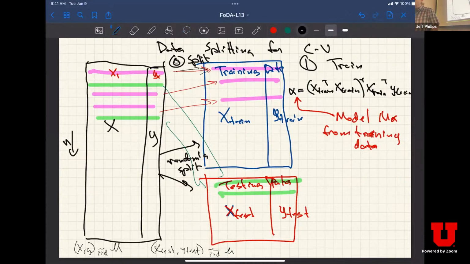And then step 2 is to evaluate. I want to evaluate how well this model works on the testing data. So I'm going to evaluate, say, the sum of the squared errors on X test, y test on M alpha.